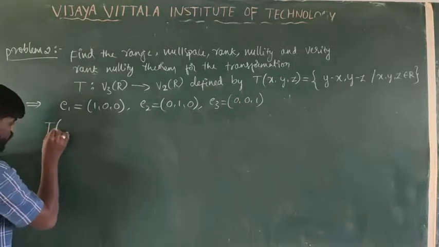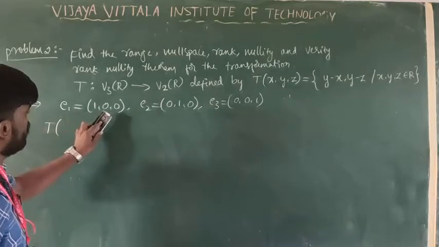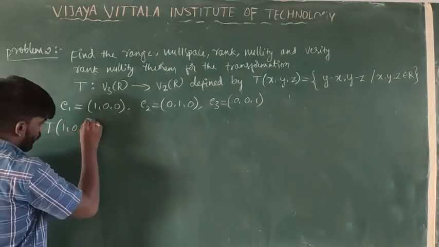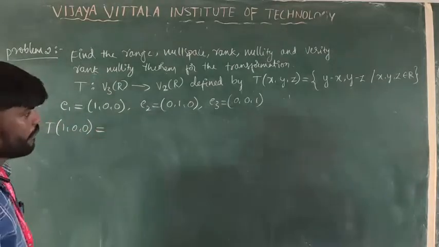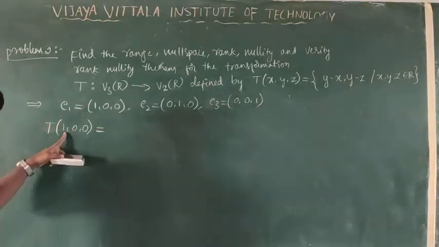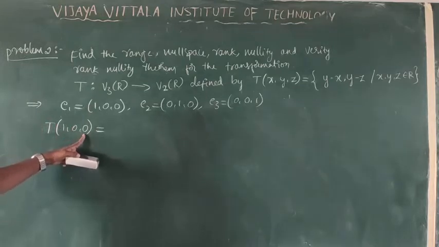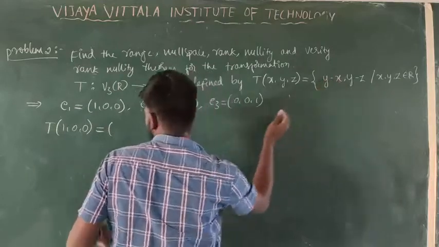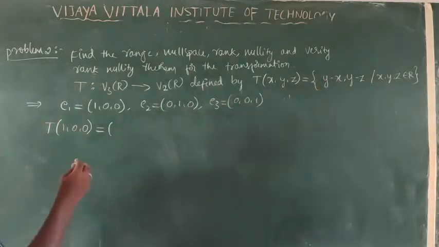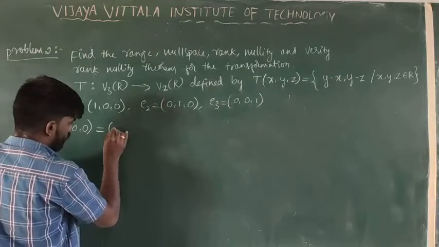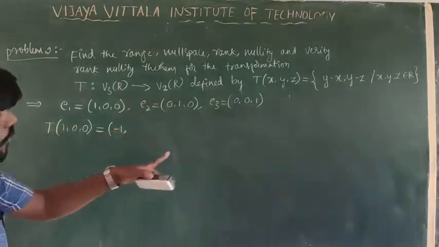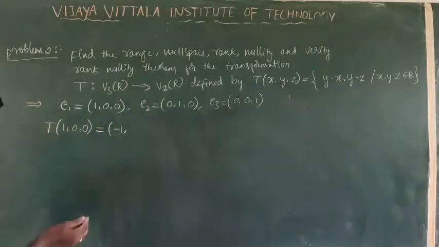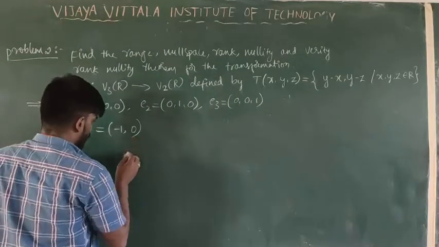Using this basis, we get T of (1, 0, 0), substituting 1 in place of x, 0 for y and 0 for z. We get y minus x, which is 0 minus 1, giving minus 1, comma, y minus z, where y is 0 and z is 0, which gives 0.